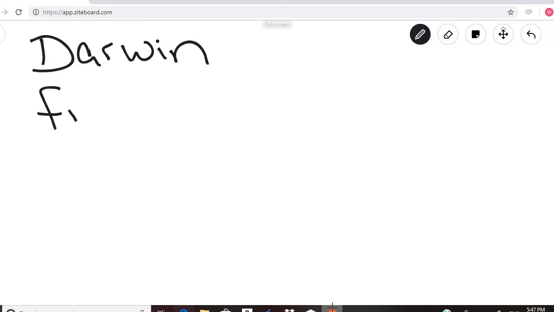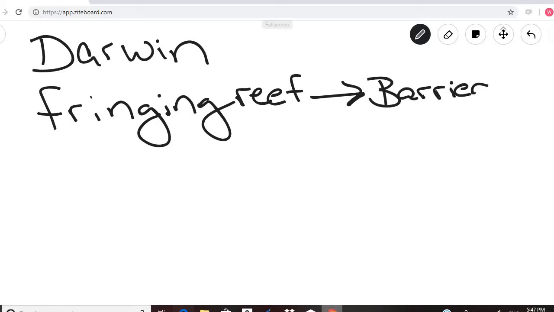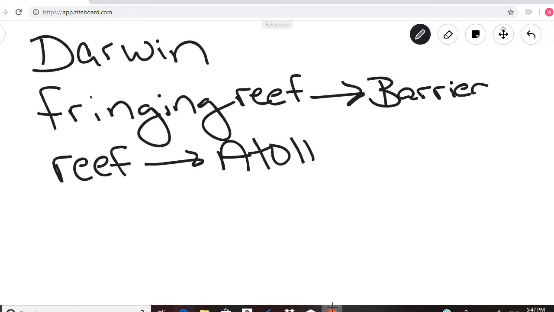Well, this is one thing that Darwin, it seems at least, had right. He felt that a fringing reef, a barrier reef, and an atoll were all just different stages of the same reef.